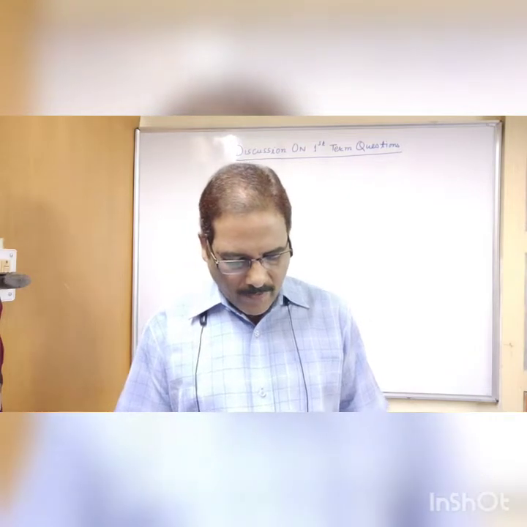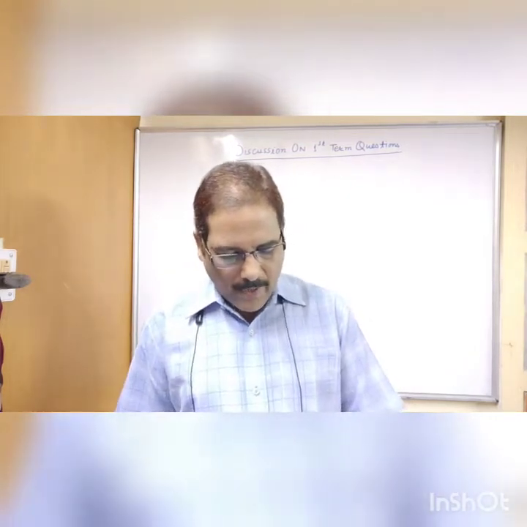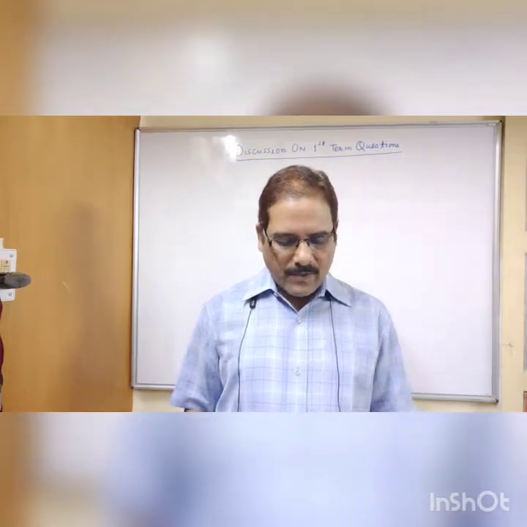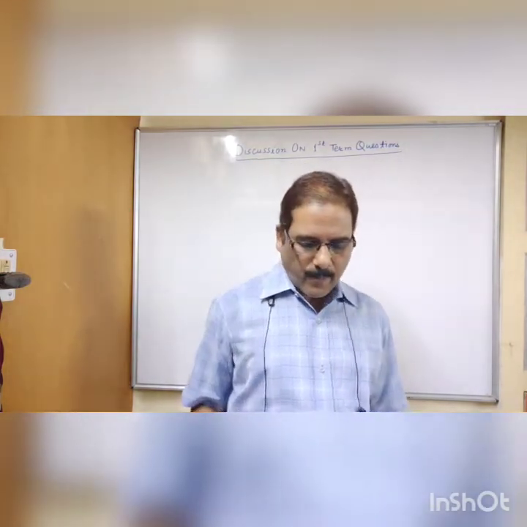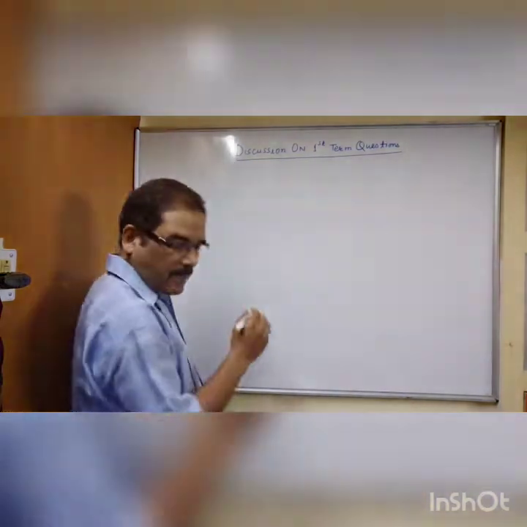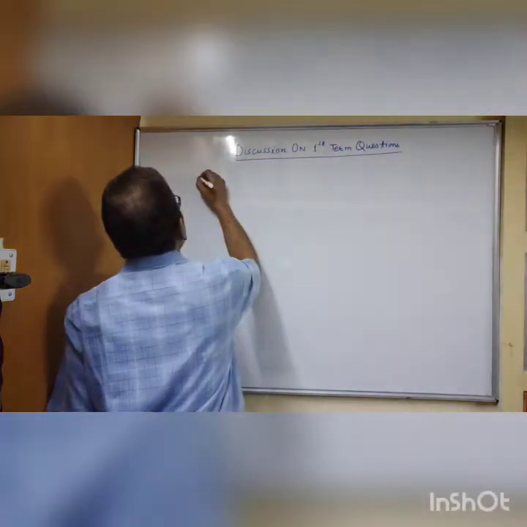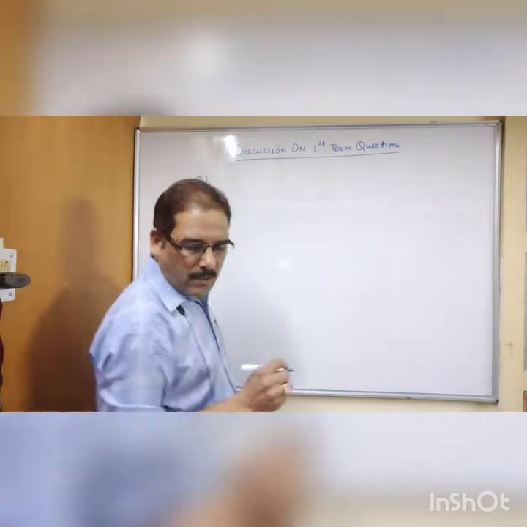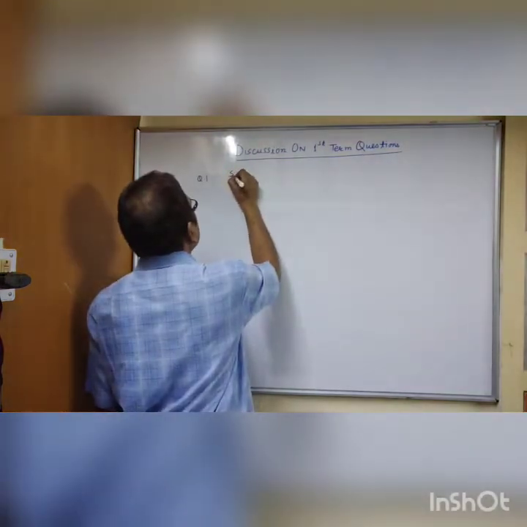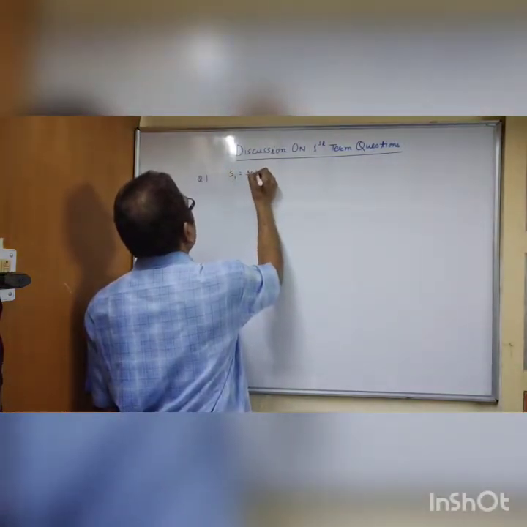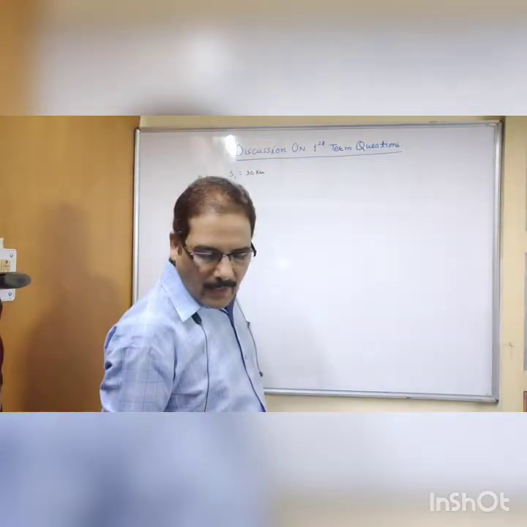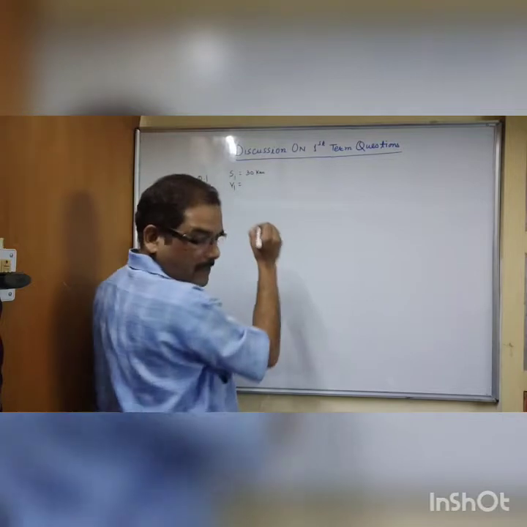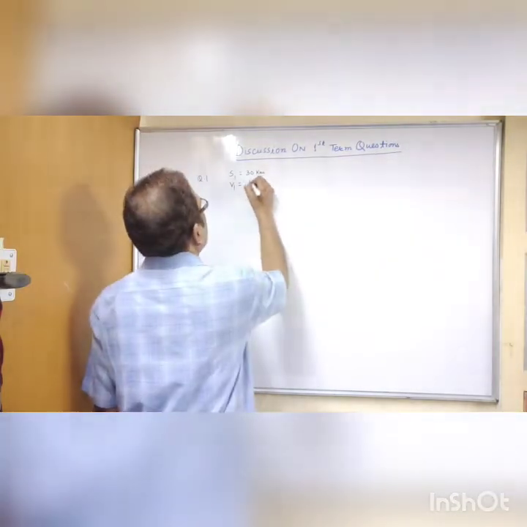So question number 1, of the physics MCQ questions. A bus covers 30 km at a uniform speed of 60 km per hour. So distance is given 30 km and speed is given 60 km per hour.